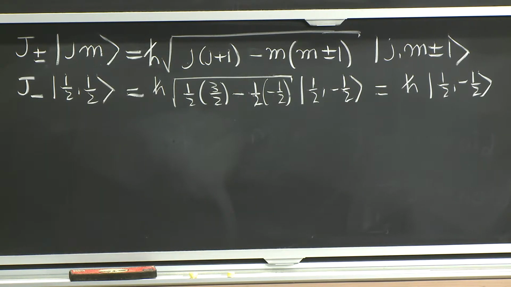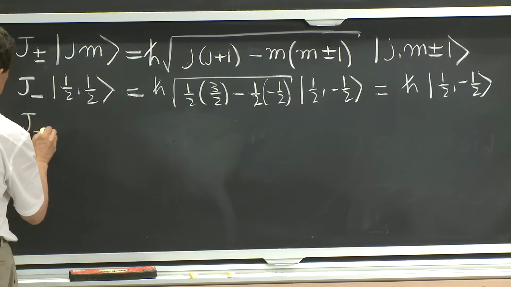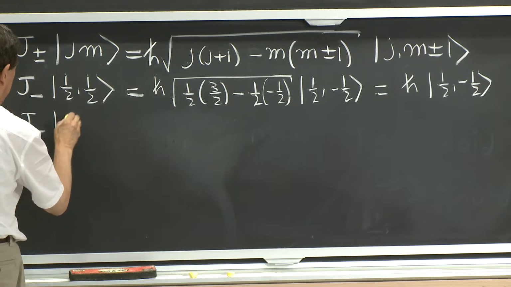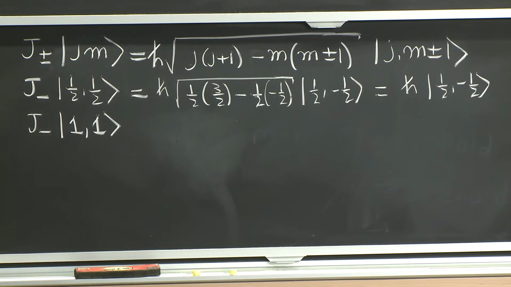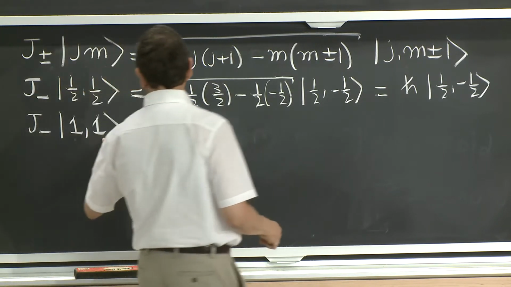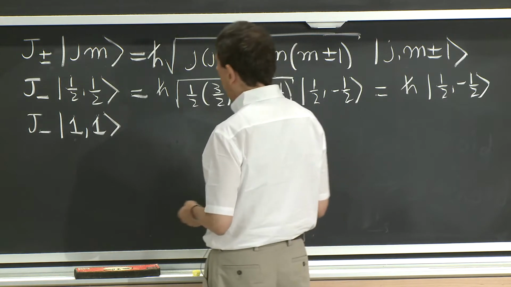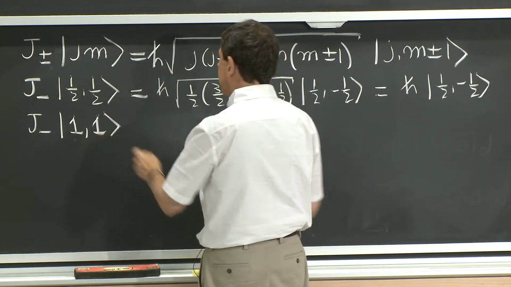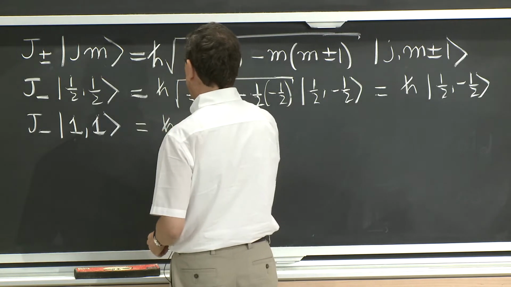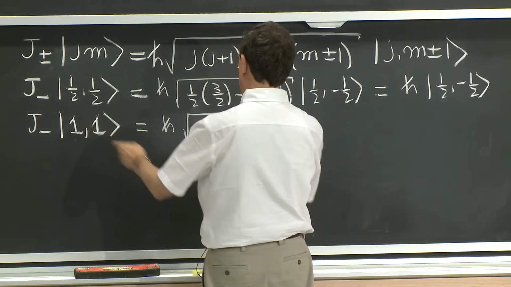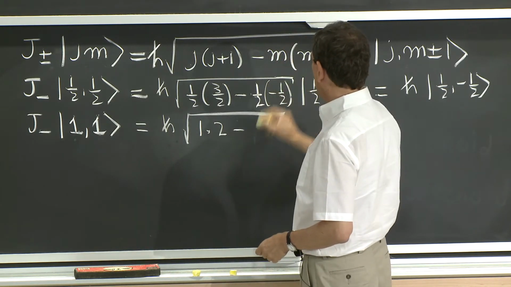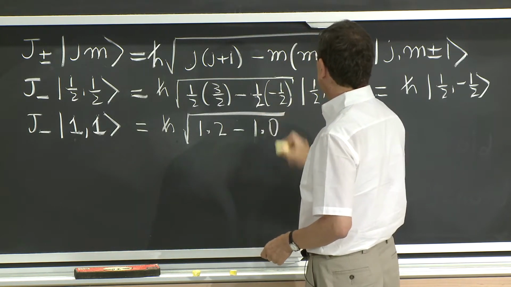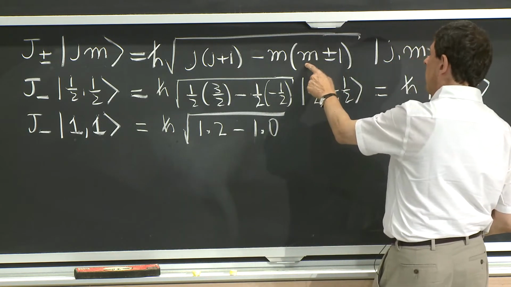Another one that is maybe useful is what is J minus acting on the state 1, 1. That's another top state of a multiplet of angular momentum 1, so you should get something with a 1, 0 here. And you have an h bar square root of 1 times 2 minus 1 times 0, because it's m, which is 1, minus 1.